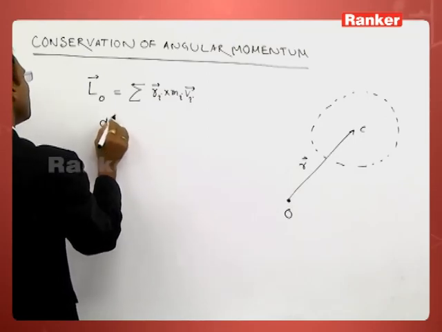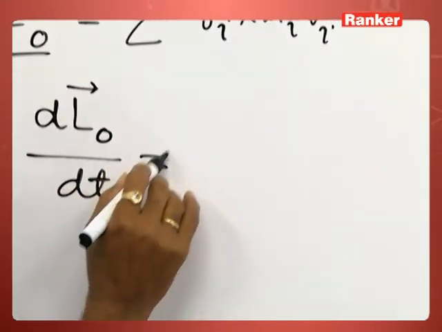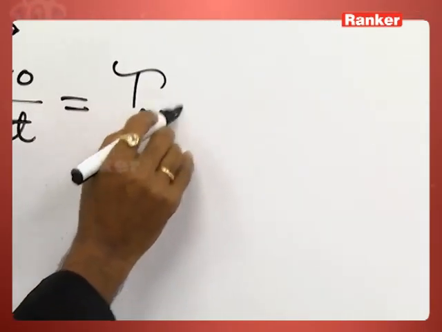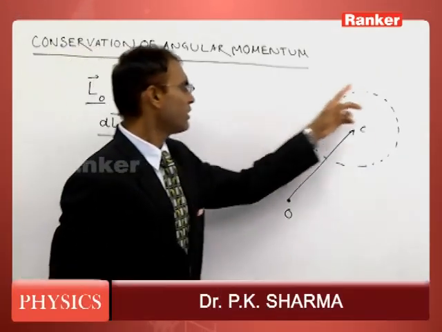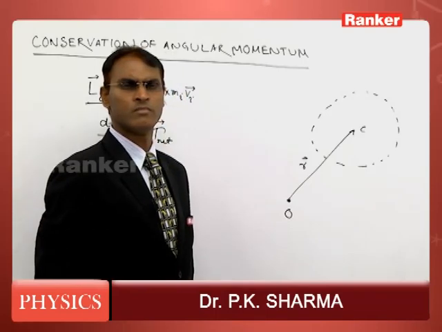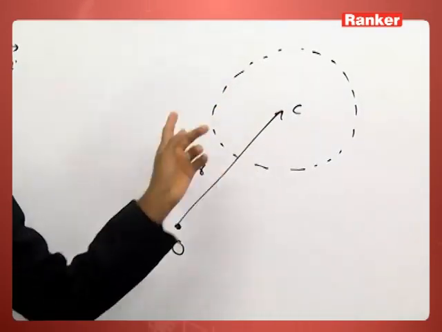The rate of change of this angular momentum of the system is equal to the net torque exerted on the system, that is due to the external forces only.